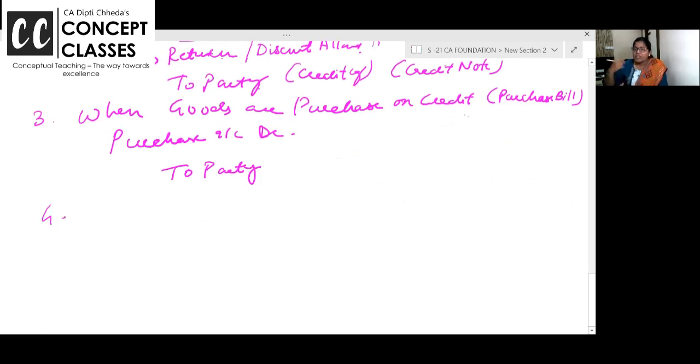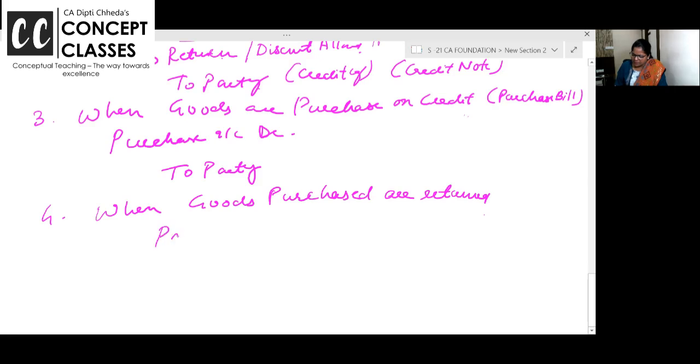Now, when you return it, when purchased goods are returned back, what will you do? Party account debit.